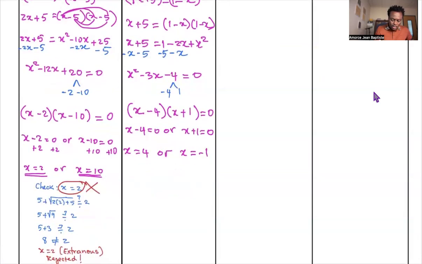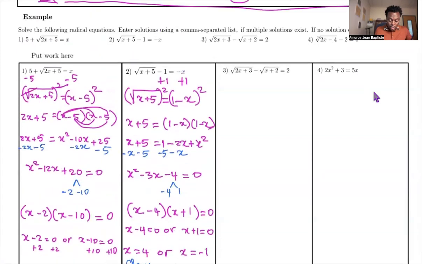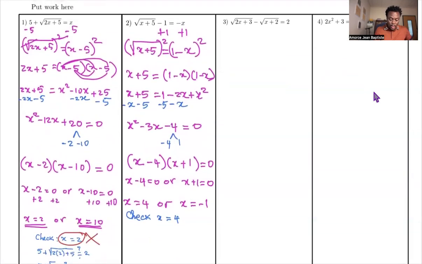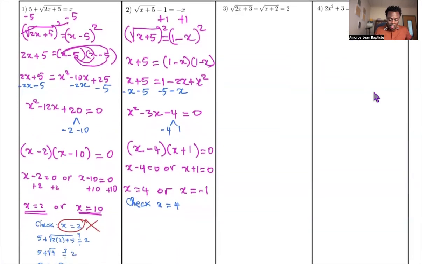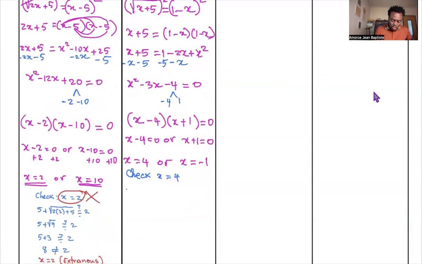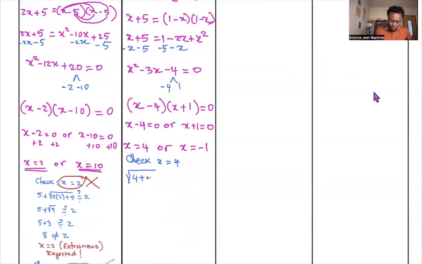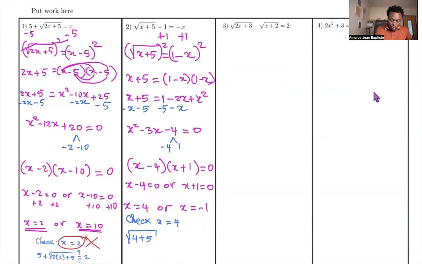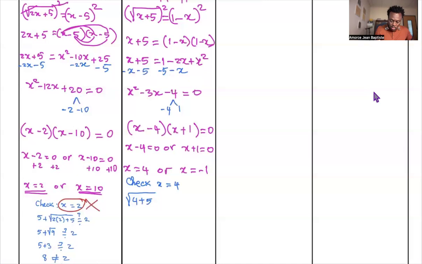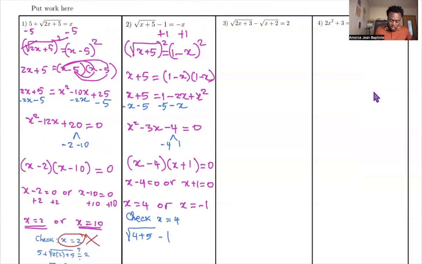Now we're going to check for x equals 4. Plug in x equals 4 in this original equation: square root of x plus 5 minus 1 equals -x. So that's the square root of 4 plus 5 minus 1.